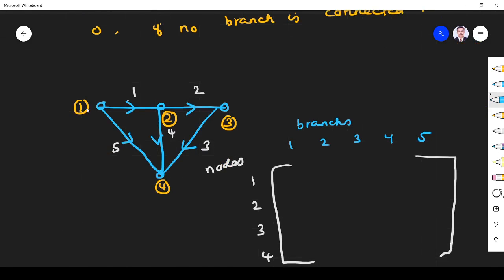Here you see from node 1, branch 1 goes out, branch 5 goes out. So branch 1 is +1, branch 5 is +1. Branch 2, branch 3 and branch 4 are not connected to node 1, so those are all represented with 0.